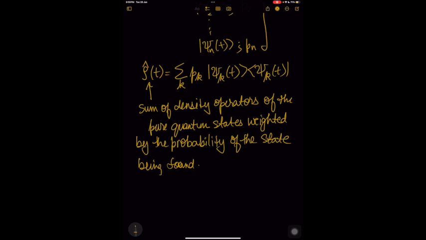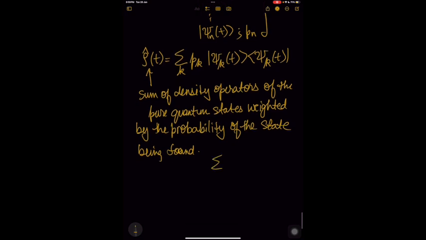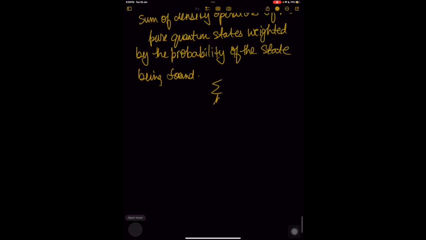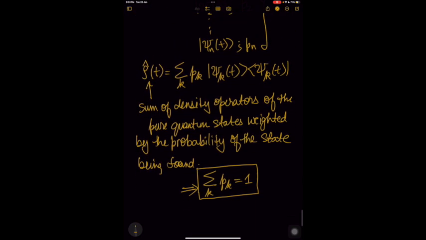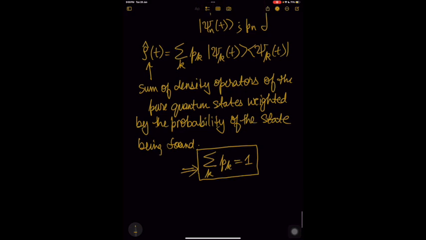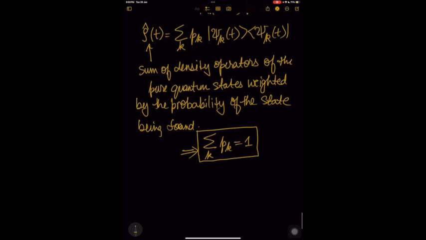Again, here the sum of all the probabilities would be 1. This is a particular criterion, and all the probabilities, of course, would be greater than or equal to 0.